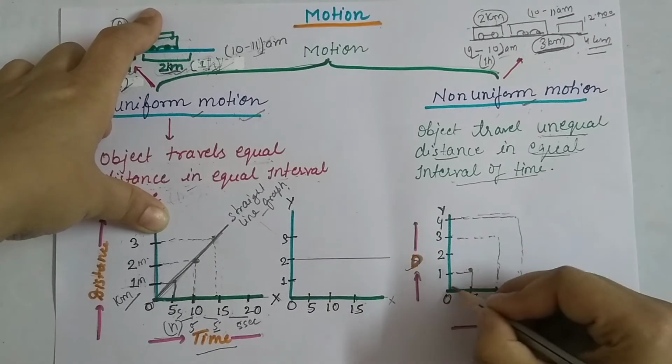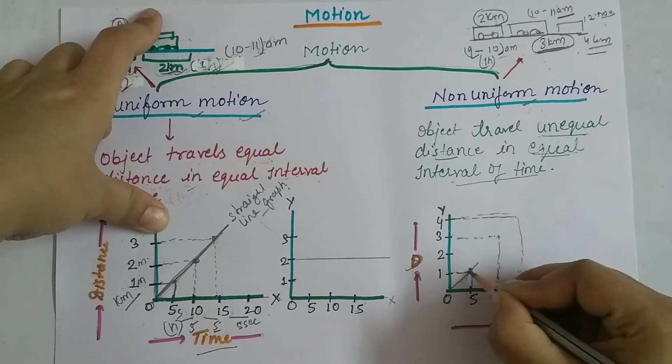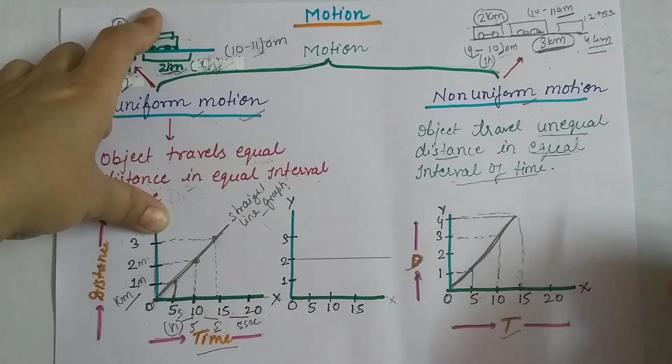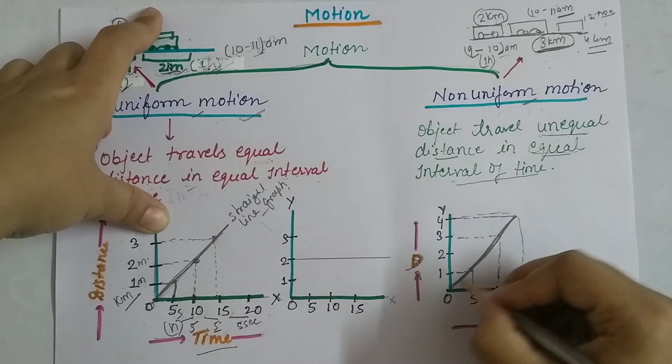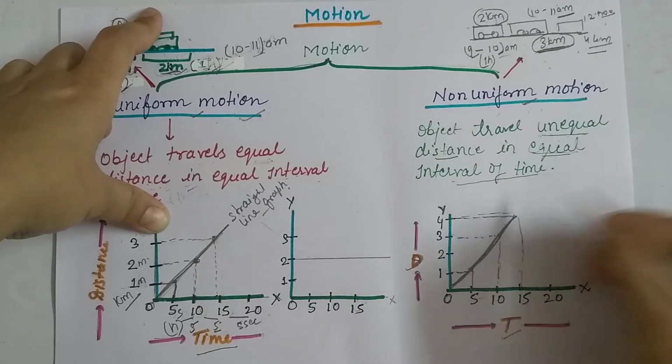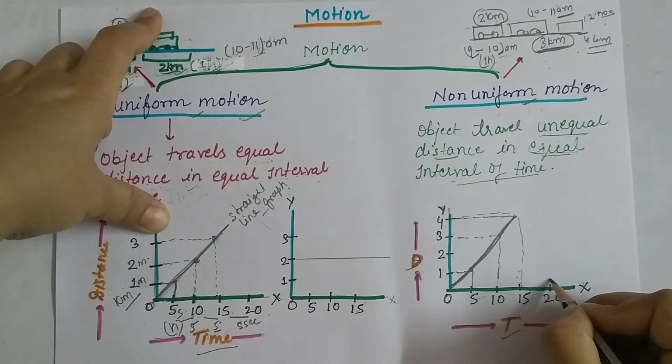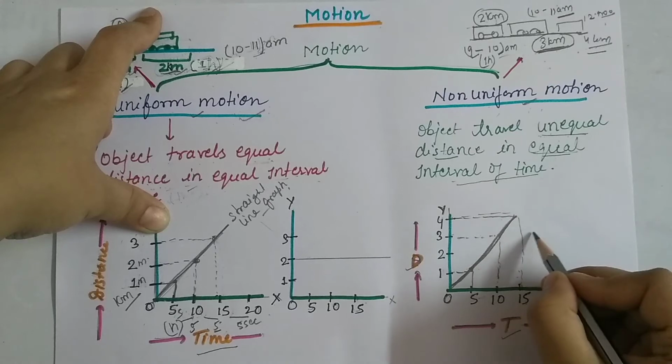So you will find the graph is something curve-like in structure. And you may take one more, that is at 20, it may be 3 kilometer.